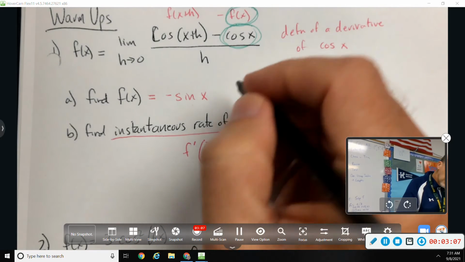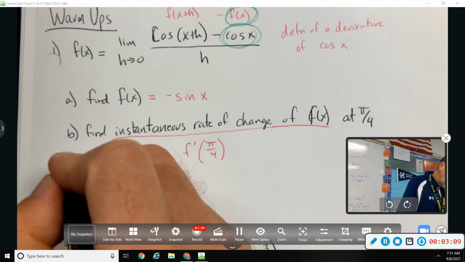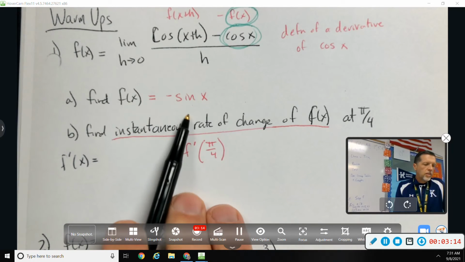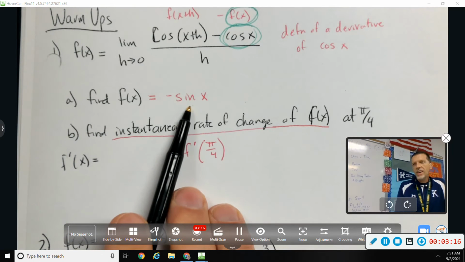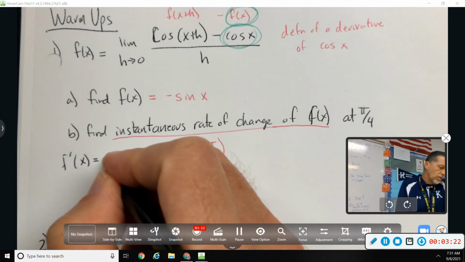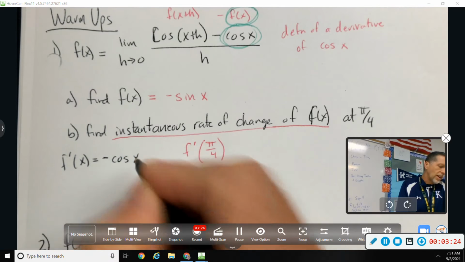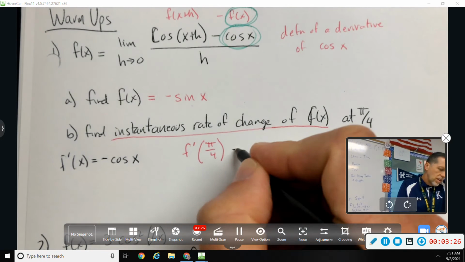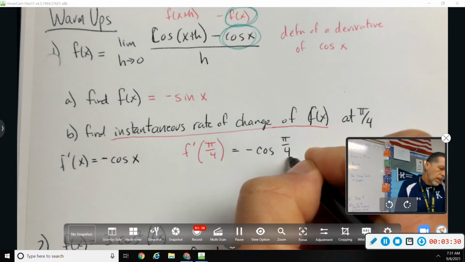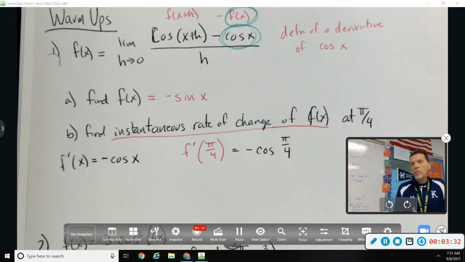So f prime would be, what's the derivative of negative sine? Negative cosine, because the derivative of sine is cosine. The negative is kind of just along for the ride. So negative cosine of pi over 4. And that would actually be a safe stop, because cosine of pi over 4 is not a calculus problem. It's a pre-cal problem.